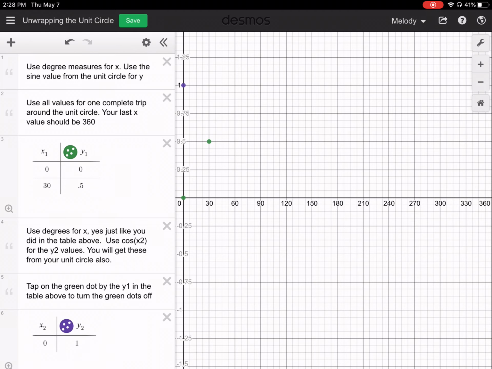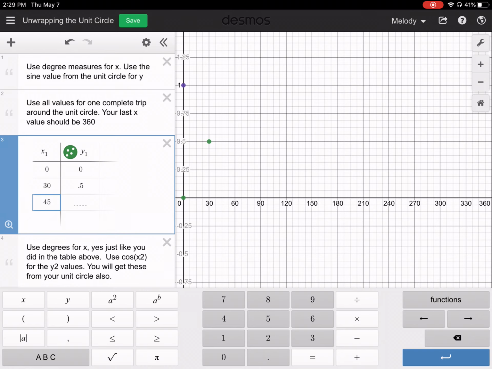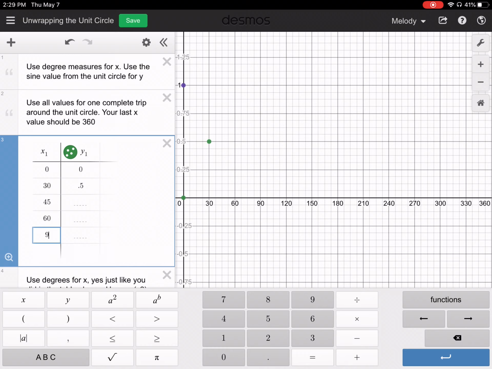Then all you're going to do is go into this table that I have set up. In this X column, you're going to put all the angles from the unit circle. If I work my way around the unit circle, I've got a 0-degree angle, a 30-degree angle. Next one's going to be a 45-degree angle. In the next row, I'm going to put a 60-degree angle, then a 90-degree angle.